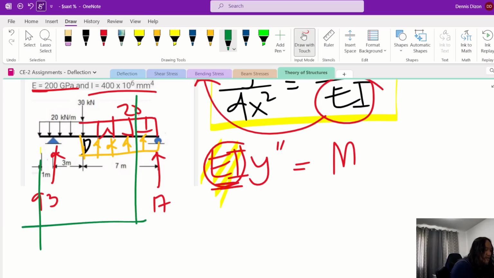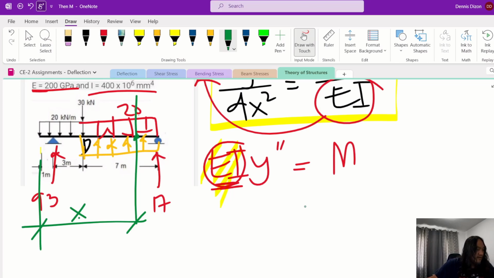Now this is our X, and then the free body diagram again. So summation of moment at X, this is your distance X, is equal to the moment at X, and that already includes your reaction, the uniform load, and the concentrated load. So we will express this entire loading in terms of X.